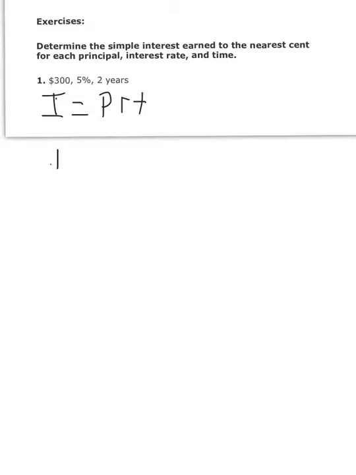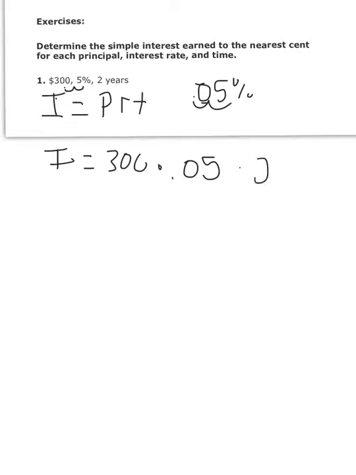Now we're going to substitute in the numbers. I equals 300. Remember, with our rate, we move the decimal over 2 times. That turns 5% into 0.05, because we always use a 0 as a placeholder in math. So we multiply that by 0.05, and our time would be 2 years, so we multiply that by 2.